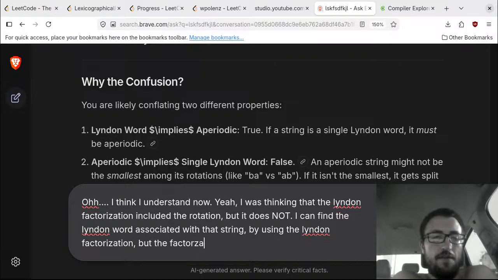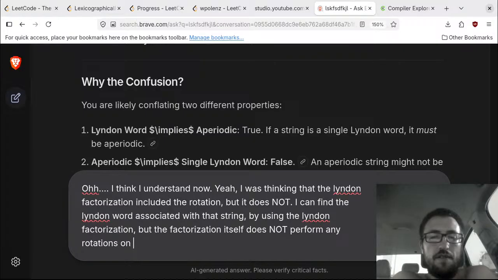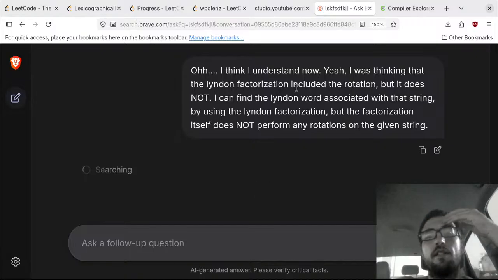Factorization itself does not imply any rotations, it does not perform any rotations on a given string. Okay, I think I understand.